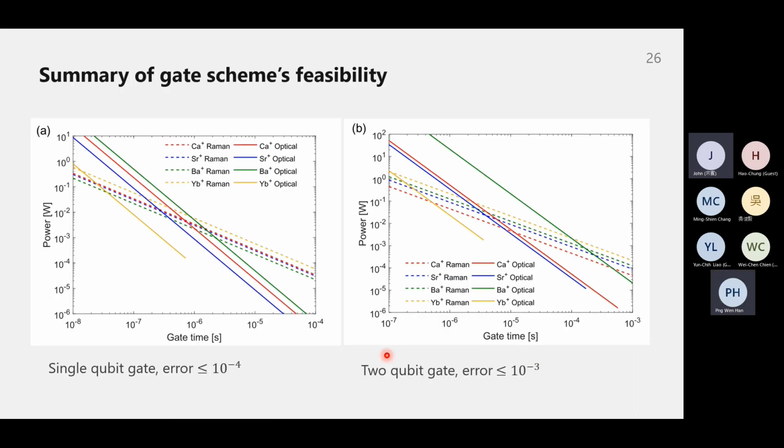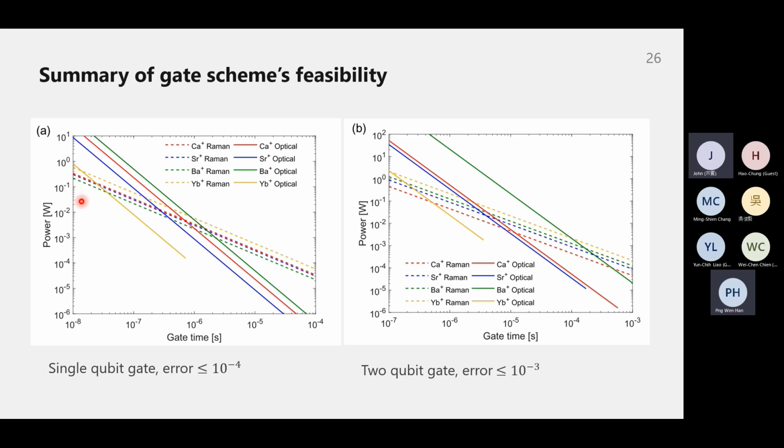All right, and this is a summary of the gate feasibilities. The vertical axis is the power required for the gate operations, and the horizontal axis is the gate time. The left figure is for single qubit gates, and the right figure is for two qubit gates.